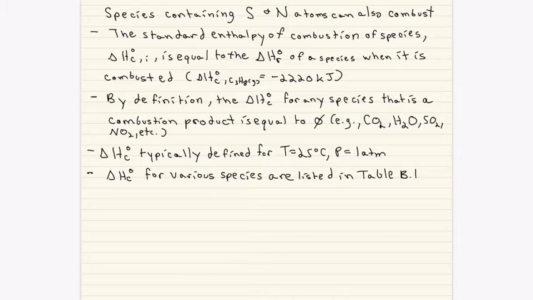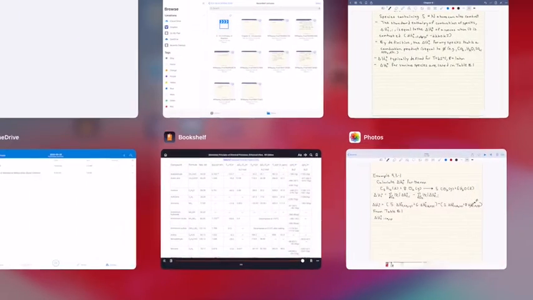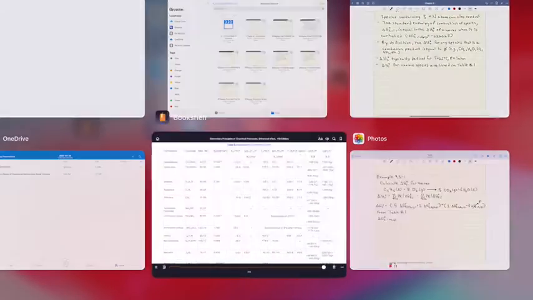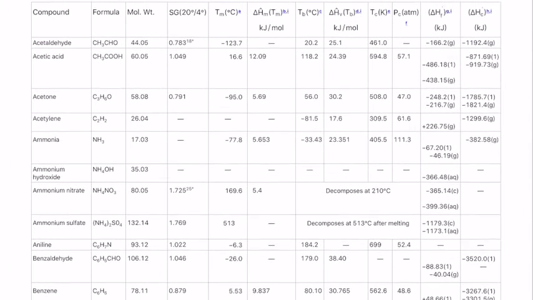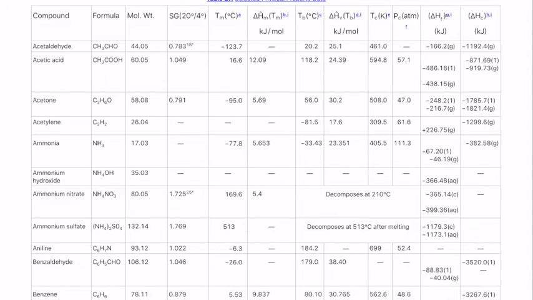So if I go back to the electronic version of the textbook, and I look at Table B1 again, if I look at the last column there on the right, that column lists the enthalpy of combustion values, the delta HCs, for various species.